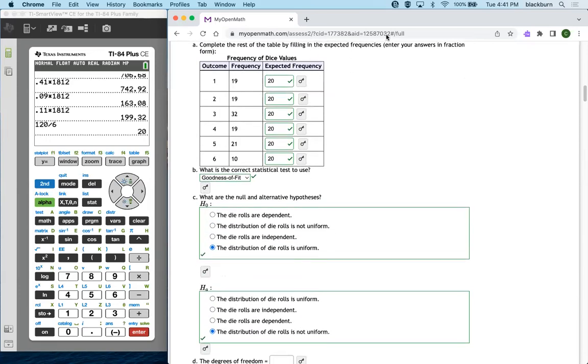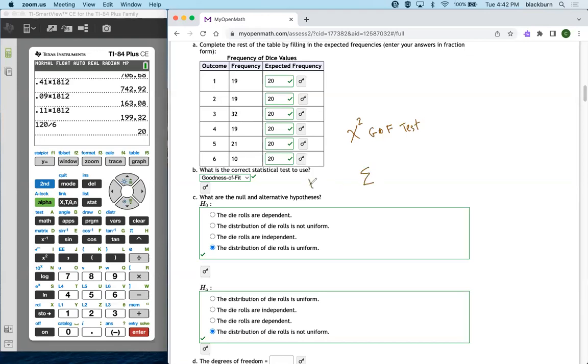Some of us have calculators that have this test right here. Like this new calculator that I just downloaded has the chi-square GOF test. All right. If your calculator doesn't, then we're going to have to use this action right here.